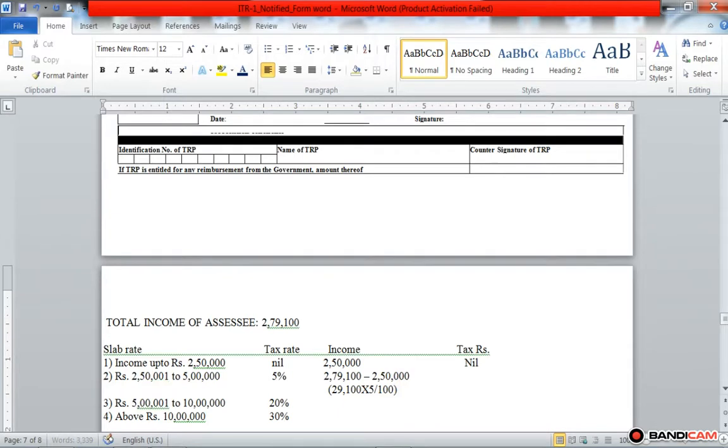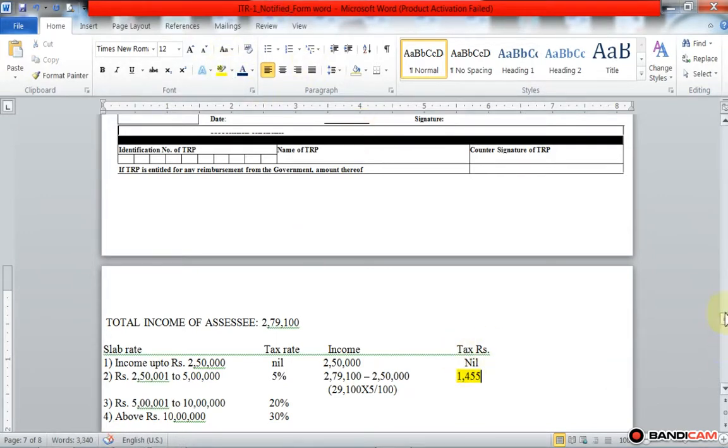So here tax is equal to 5 divided by 100 multiplied by 29,100 is equal to 1,450. Okay, 1,450 is the tax payable.